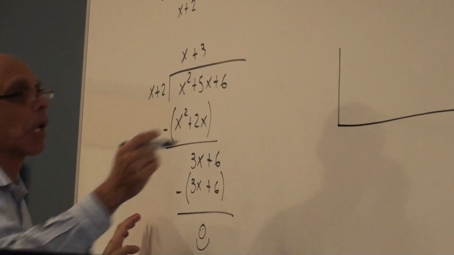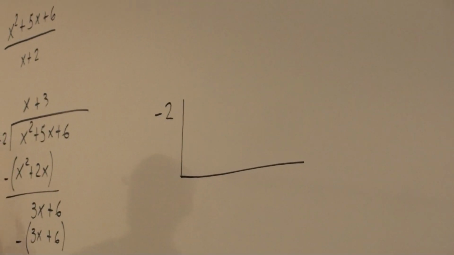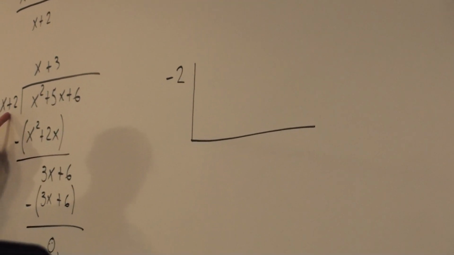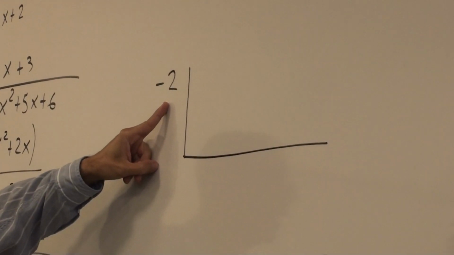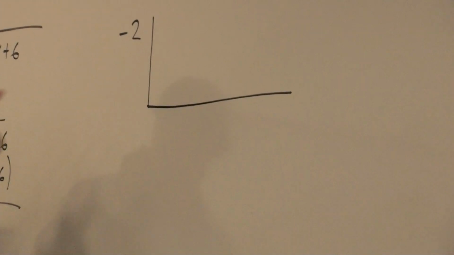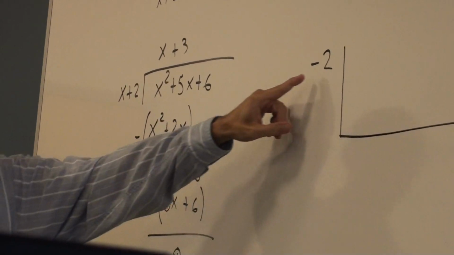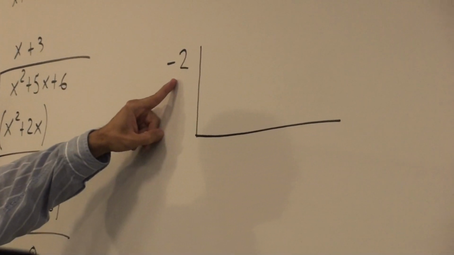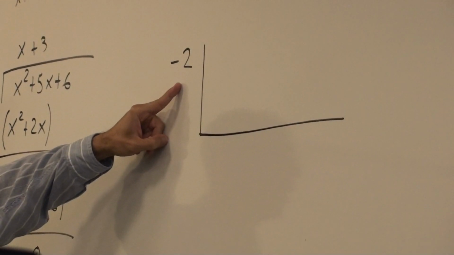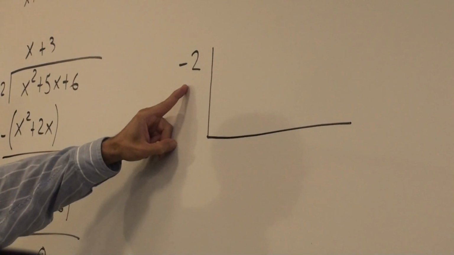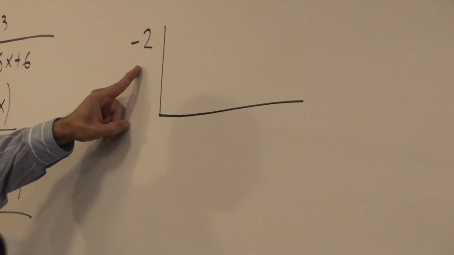So I put 2 here with a negative. If this is negative 2, it's going to be what here? If I were dividing by x minus 2, what is the term that I would put here? You have to multiply negative 2 by negative 1. What is the term that you put here? Positive 2. Okay.